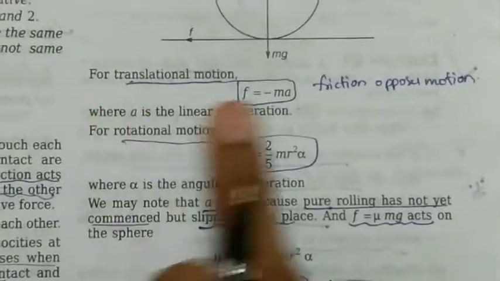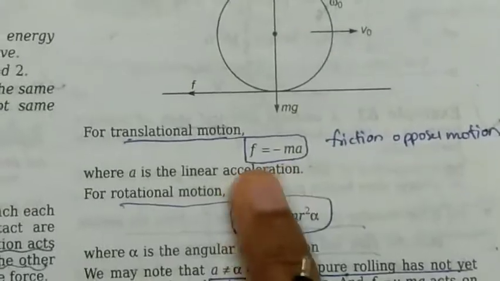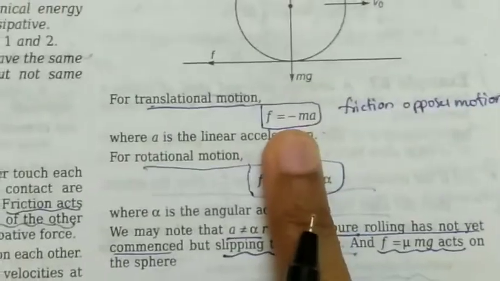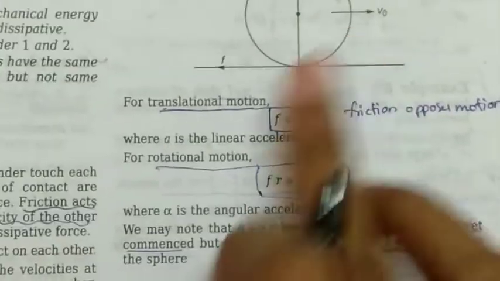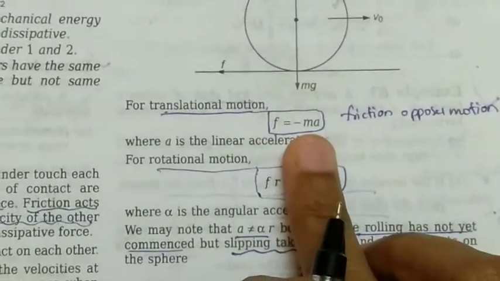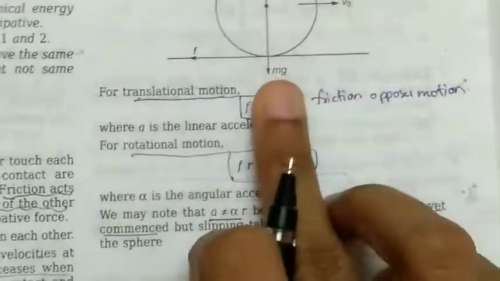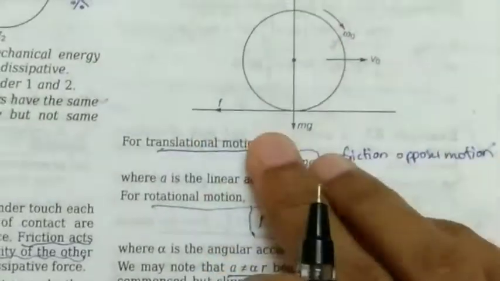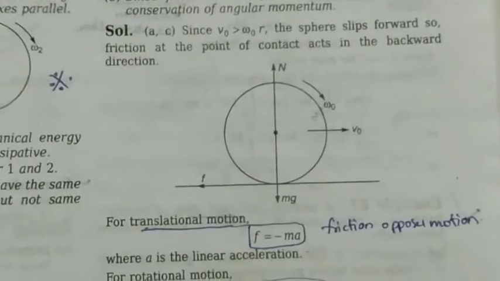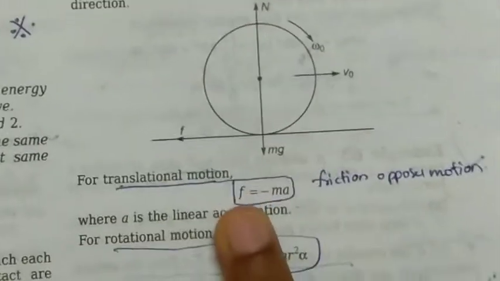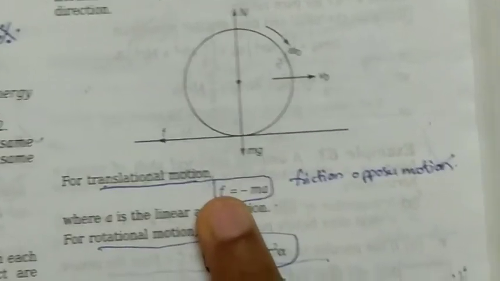Next, for translational motion, F is equal to minus ma. The force acting on the sphere for translational motion is minus ma, mass into acceleration. Actually here retardation is taking place, because this frictional force would slow down the sphere and oppose its motion. F is nothing but the frictional force here.